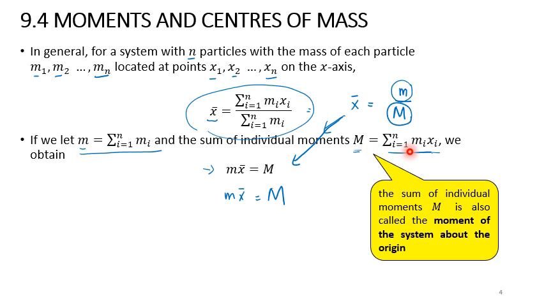But when you add the summation of the products of mass times distance, you get the moment of the whole system about the origin. And if you want to find the x-coordinate of the center of mass, you divide the moment of the system by the total mass of the particles in the system.